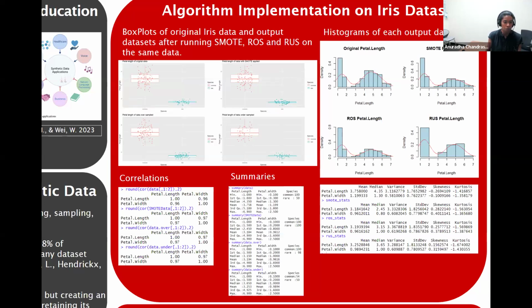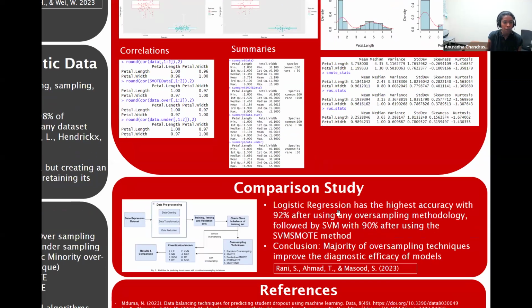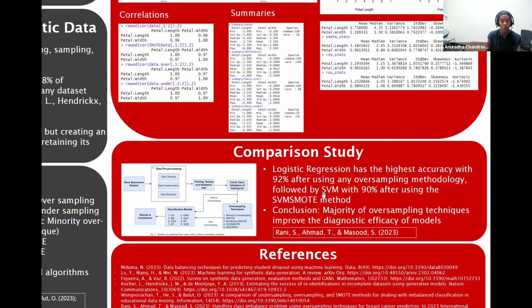Moving on, we have a study where they've used a breast cancer data set, a highly imbalanced breast cancer data set. How do we have better accuracy in detecting breast cancer in a highly imbalanced data set? So they've done this comparison study using several different oversampling techniques and their usual classification models.